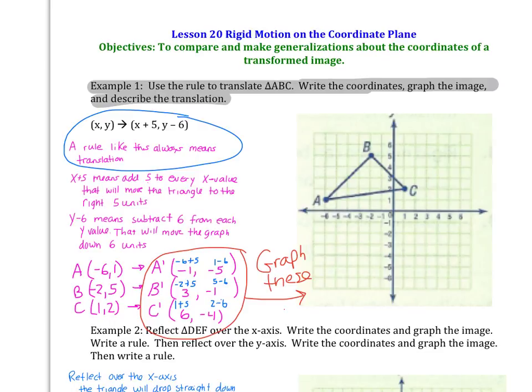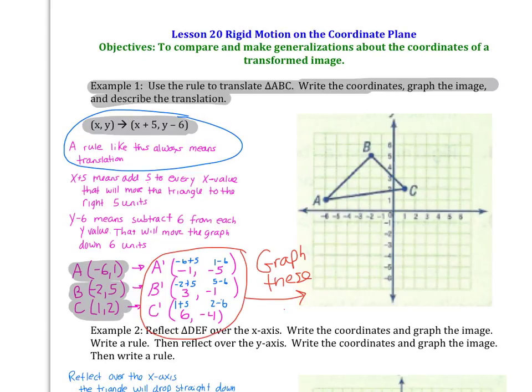So the first thing we're going to do is look at triangle ABC and write down the coordinates. A is at -6, 1. B is at -2, 5, and C is at 1, 2, and we took those right from the coordinate plane. It says use the rule to describe the transformation. So back up here at the very top, this is your rule, and you'll get a lot more familiar with these, but what it says is x comma y.